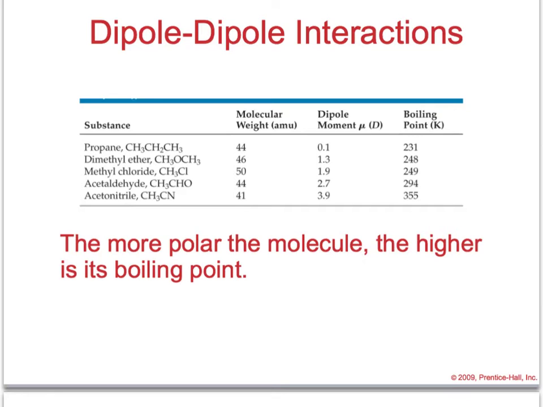The more polar the molecule, the higher is its boiling point. Polarity is closely related with the dipole-dipole. If the molecule is polar, that means we have dipole forces on it.